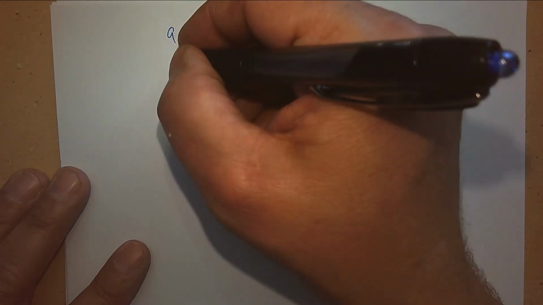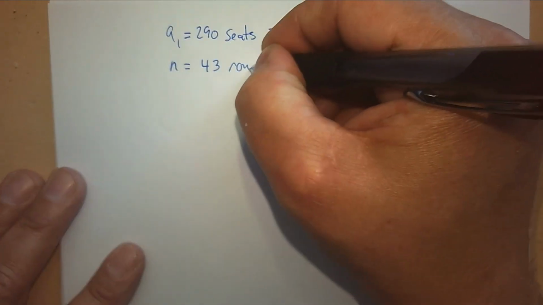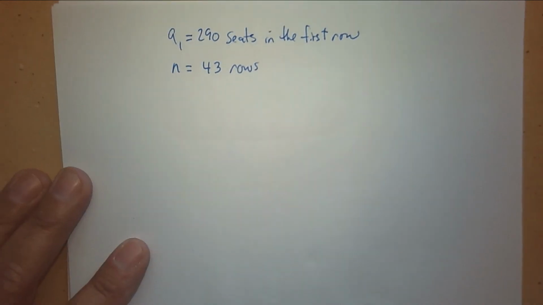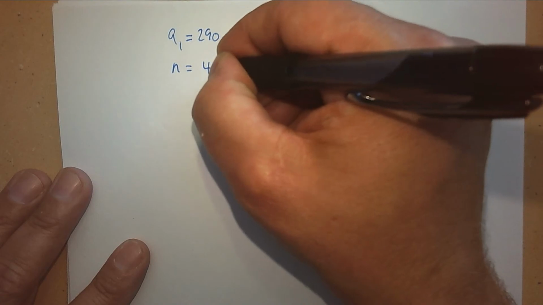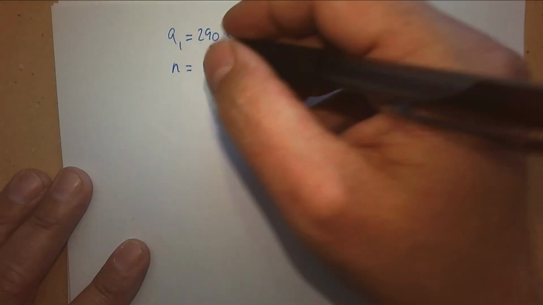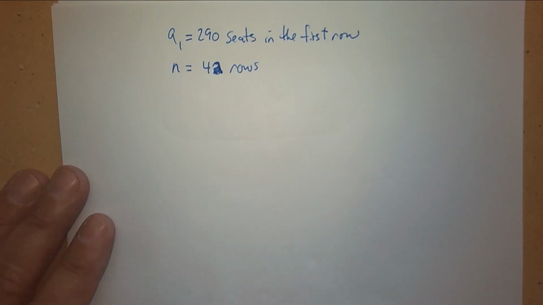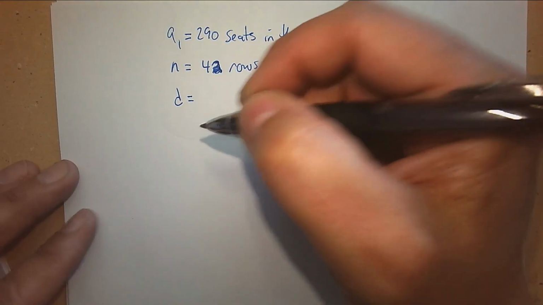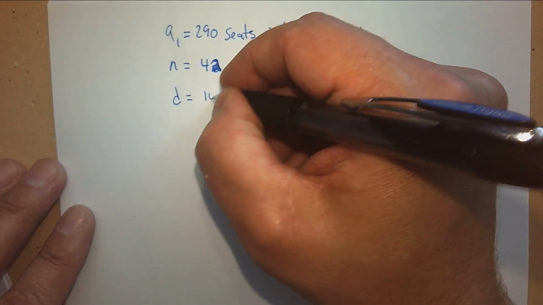My arena has 42 rows going up. My arena has an increase. So every row increases by 10 seats.